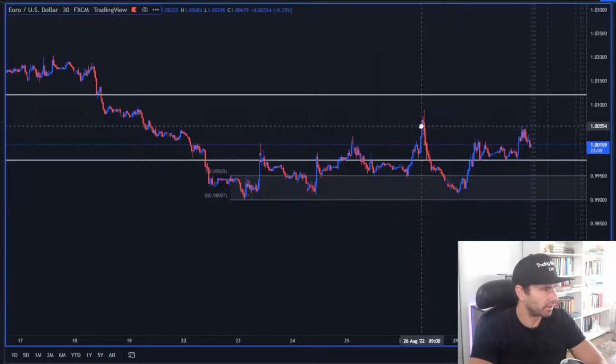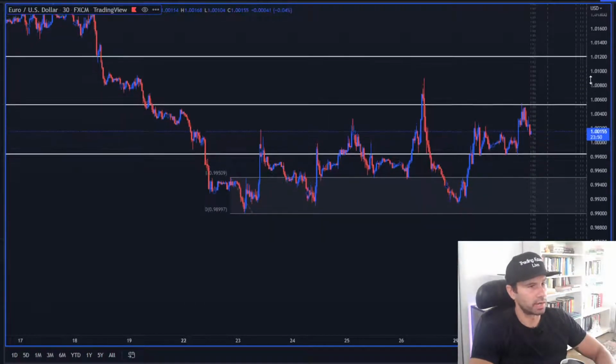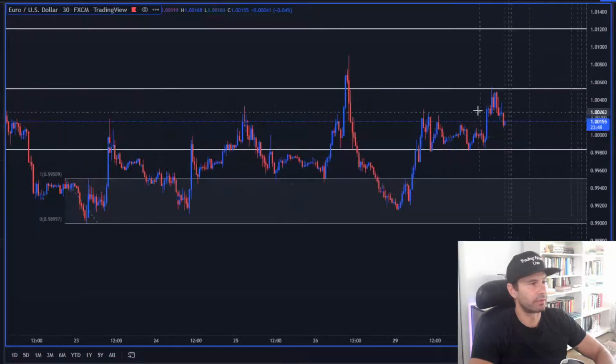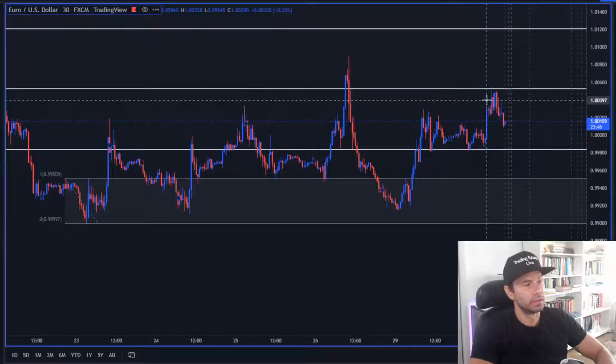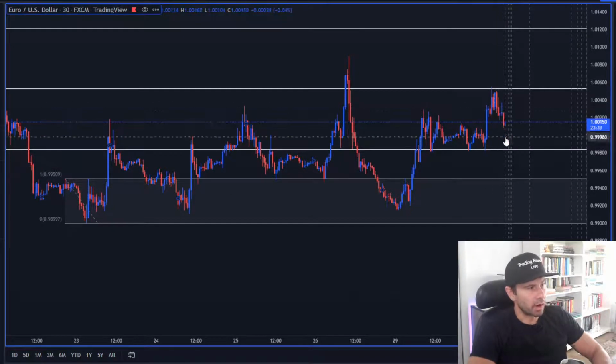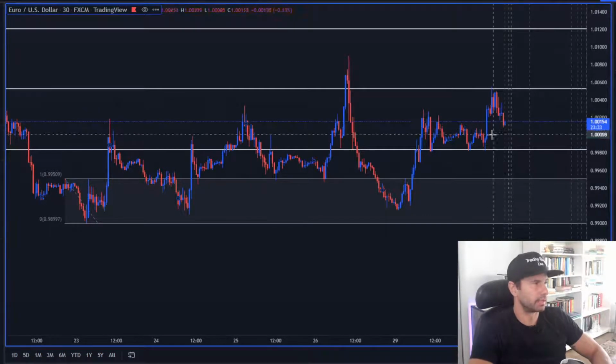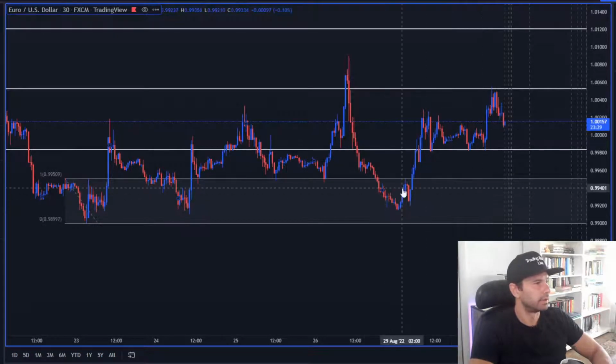But after this point right here, if we break to the upside, I think that will translate to more downside on the dollar and more upside on the equity market, right? Right now it's dropping, meaning the dollar is recovering and the equity markets are dropping a little bit, right? Just to throw that out.